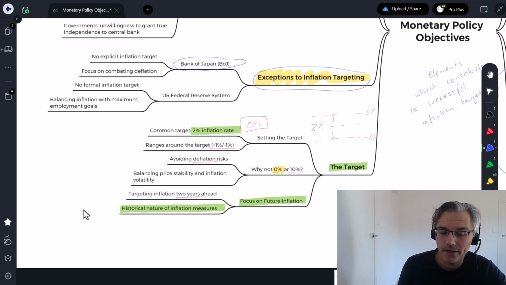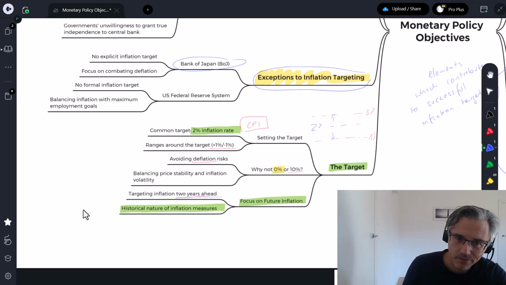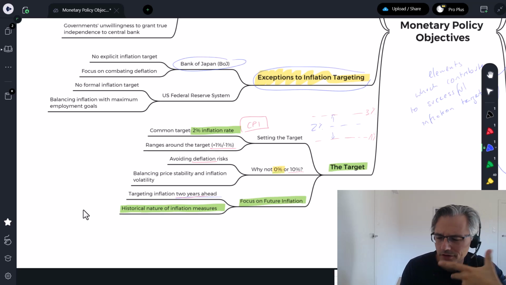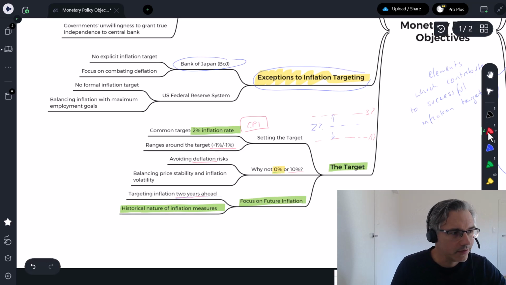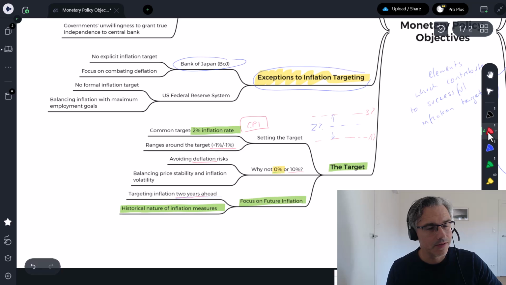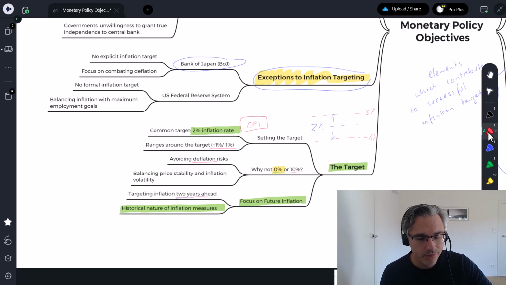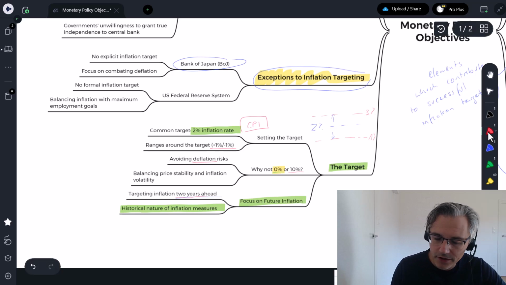The Bank of Japan has been fighting deflation for decades now. And they don't have an explicit inflation target as such, because their target is mainly trying to get out of deflation, although many people think that if they did have an explicit inflation target, that could help pull the country out of deflation.